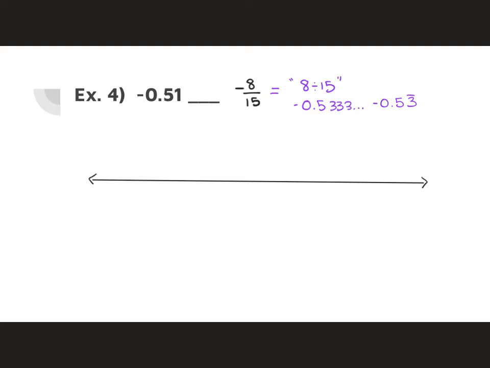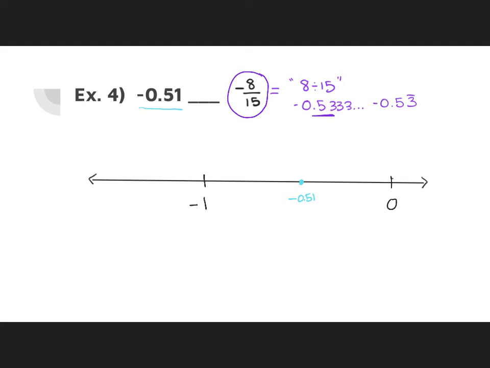So I'm going to go ahead and draw my number line. So let's go ahead and graph the negative 51 hundredths. So negative 51 hundredths is about halfway, so I'm going to go ahead and put negative 0.51. Next, I need to graph my negative 8/15. Now remember that is negative 0.5333 repeating.